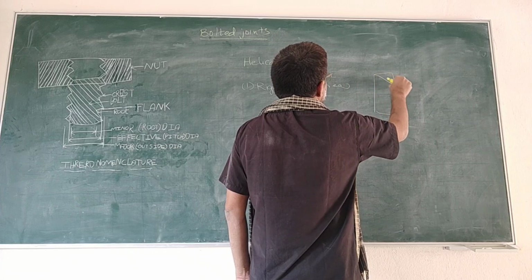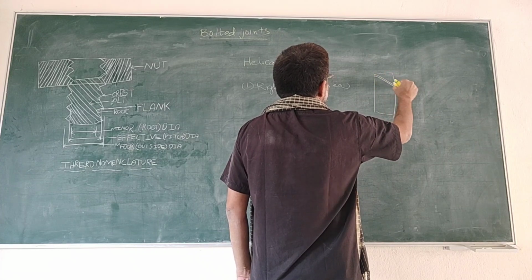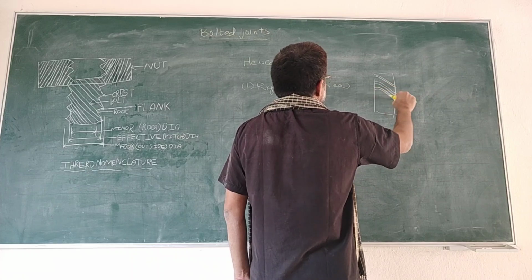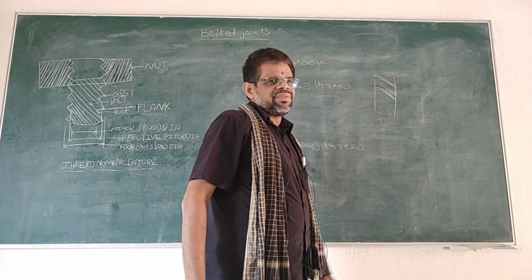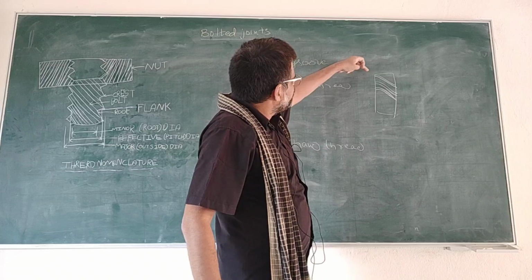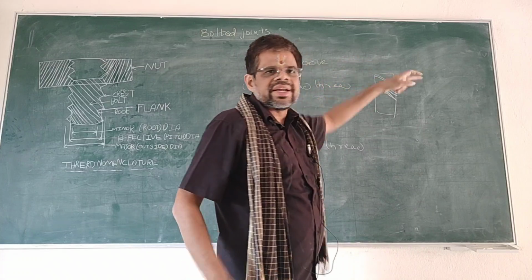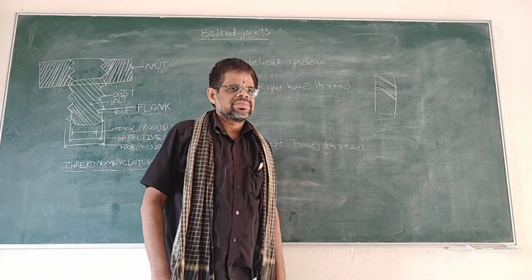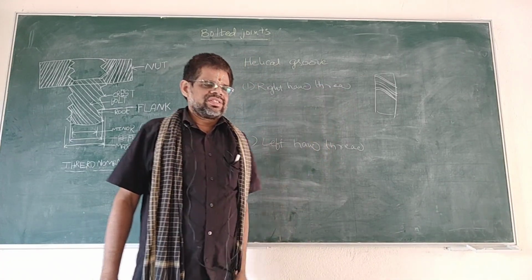They gradually slant towards the right like this. So this is a single groove, a helical groove. But if you see it in the front view, it appears to be slanting downwards towards the right. Such threads are called right hand threads.